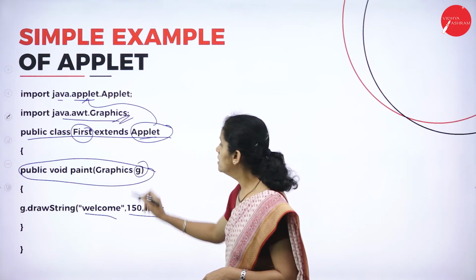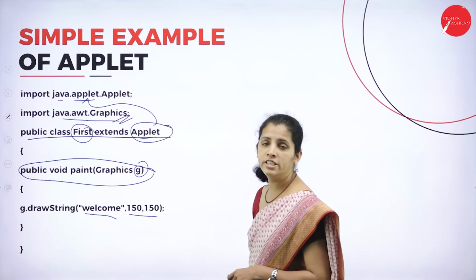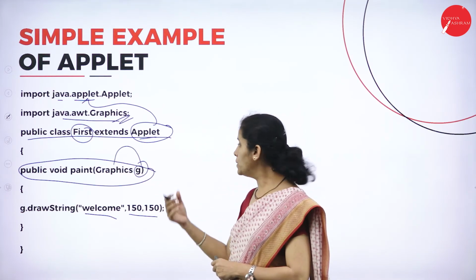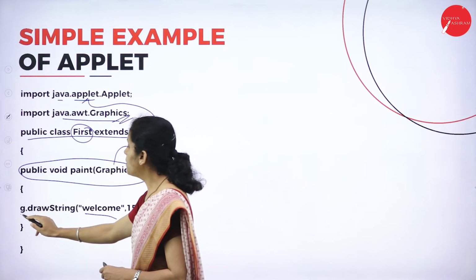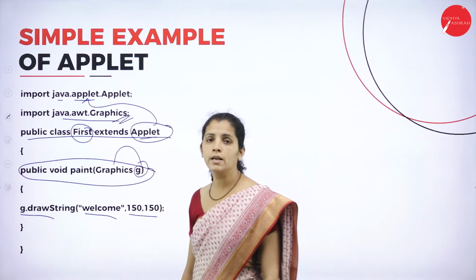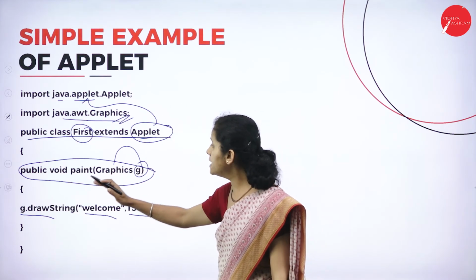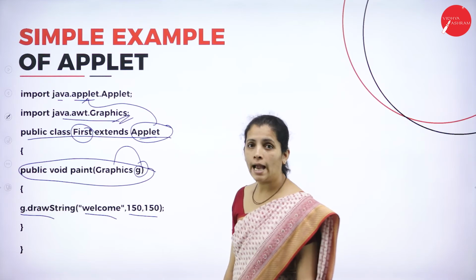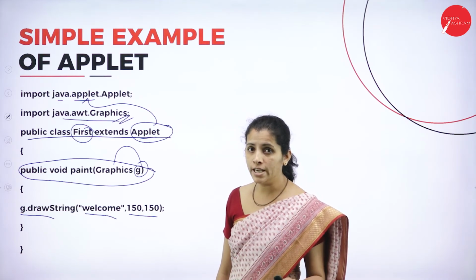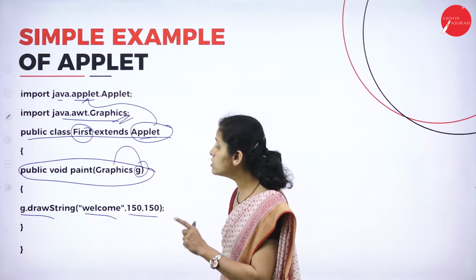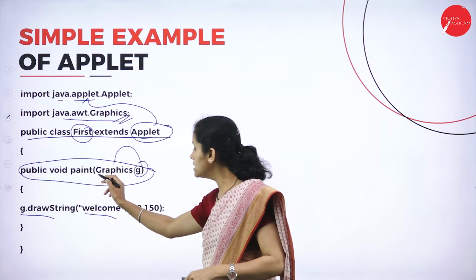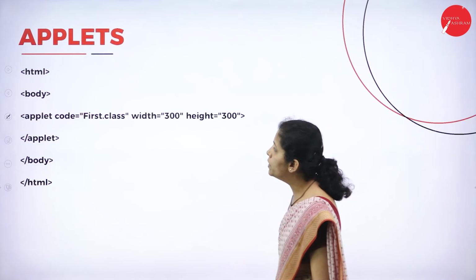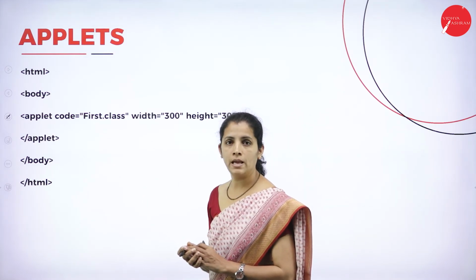Now see, I'm going to have the object g, which is of type Graphics, and with the help of g, I'm going to call the drawString method which is present in my Graphics class.